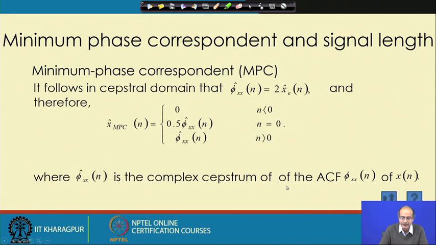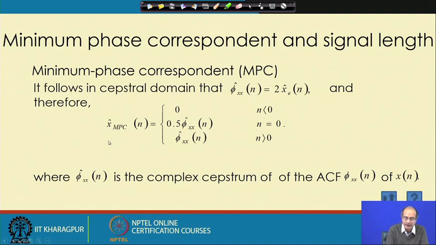Now another part comes in, that is the minimum phase correspondent or minimum phase counterpart, MPC. If we look at the MPC formula, here we compute the autocorrelation of the signal, and if we go to the cepstral domain, then using this formula we can get the minimum phase correspondent of that signal.